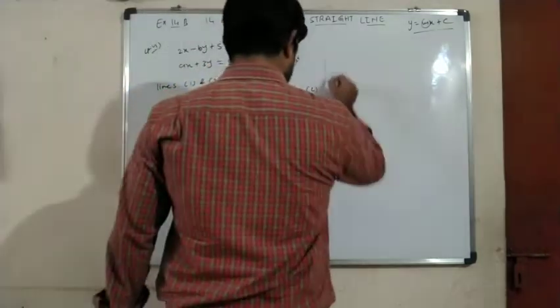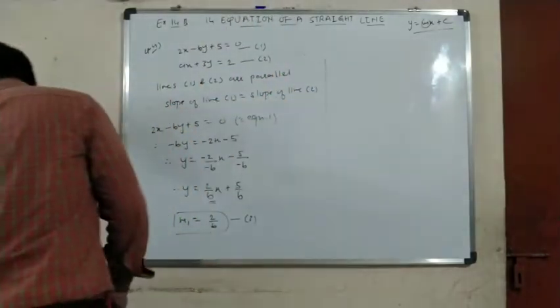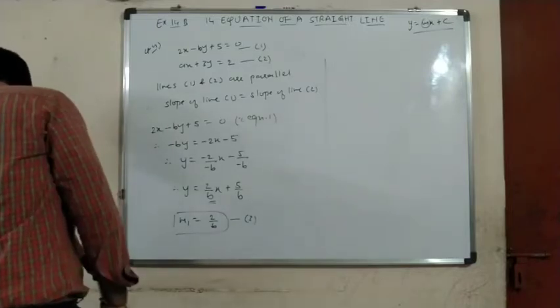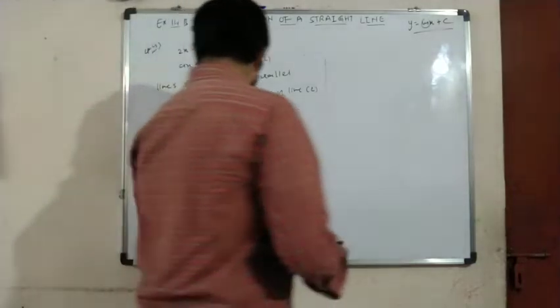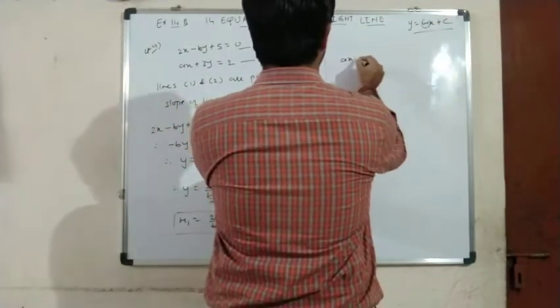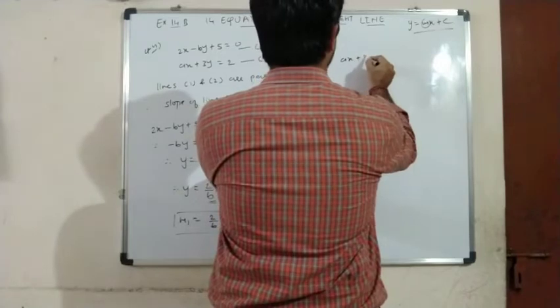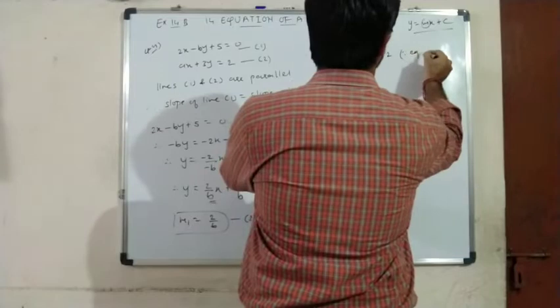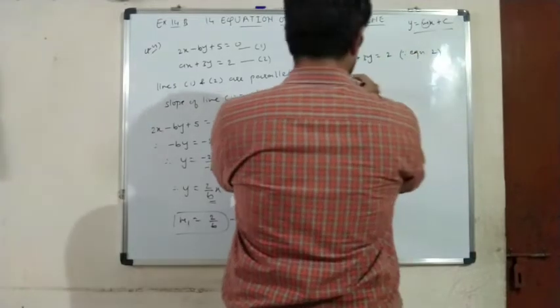Now let us find out the slope of the second line. Okay, we are given ax plus 3y is equal to 2. This is equation number 2.